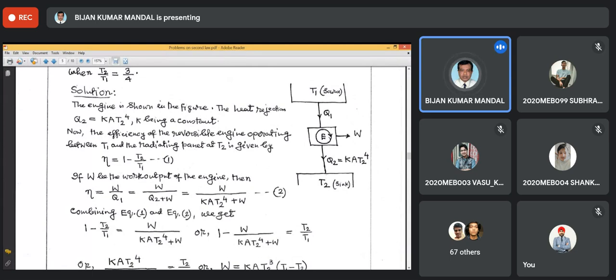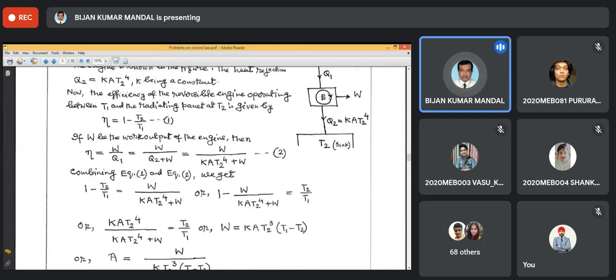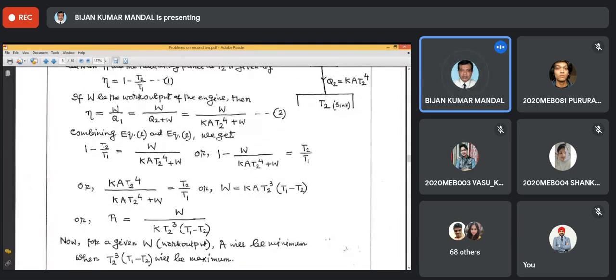If you combine these two expressions for the efficiency of the engine, we get 1 minus T2 by T1 is equal to this, just equating. So 1 minus W by this is equal to T2 by T1. After some algebraic calculations, we get W is equal to this, or A is equal to W by K T2 to the power 3 into (T1 minus T2).